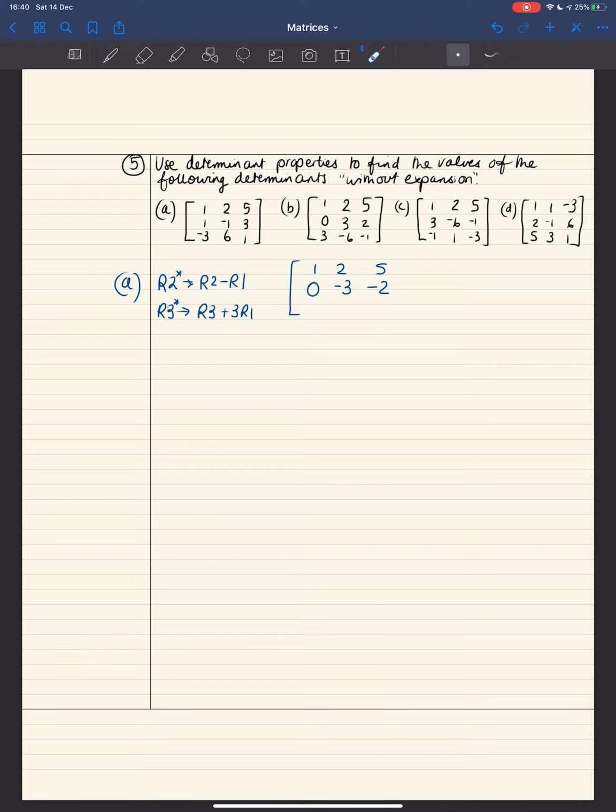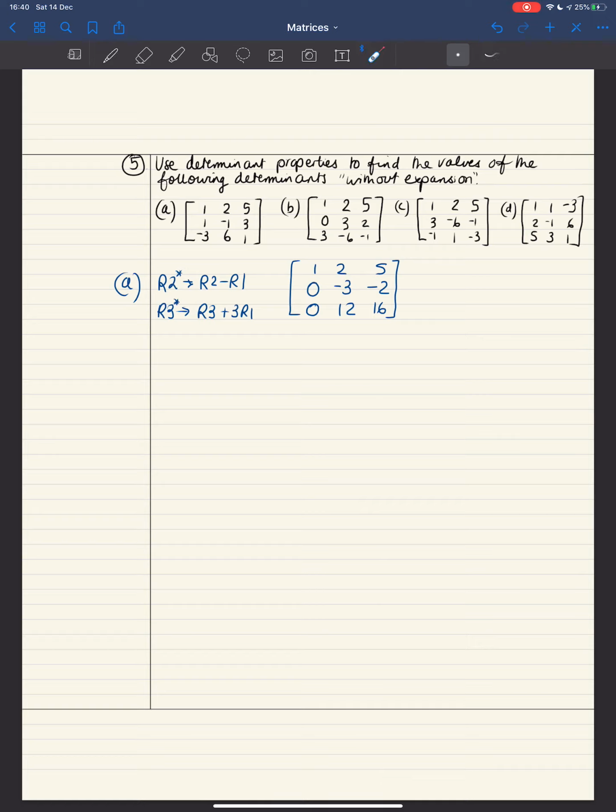And then the new row 3 is the old row 3 plus 3 row 1s. So we've got minus 3 plus 3, 6 plus 6, and then 1 plus 15. So that's going to be a 0, that's going to be a 12, and 1 plus 15 is 16.